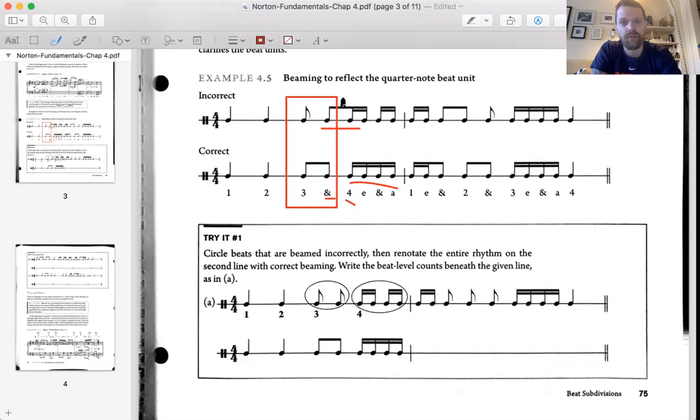This beam here is gross. You'll get the hang of looking at something like that and being absolutely disgusted, right? I will indoctrinate you into that. Likewise, over here, what's wrong in this second measure?